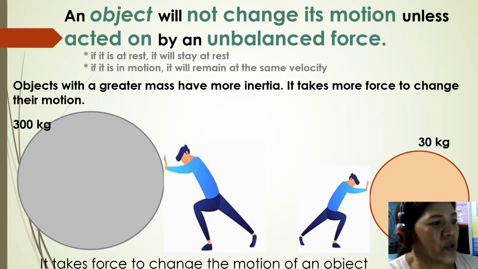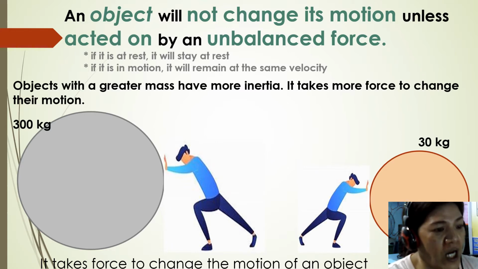Okay, so try to look at this figure. Objects with a greater mass have more inertia. It takes more force to change their motion. So if you can see, it takes force to change the motion of an object.